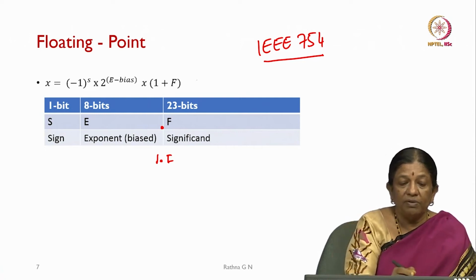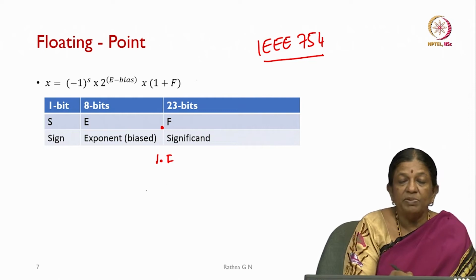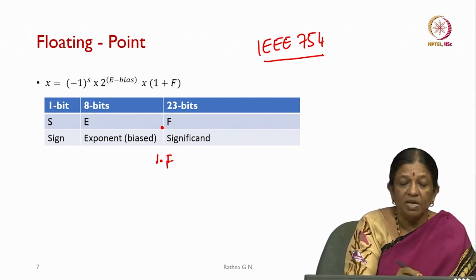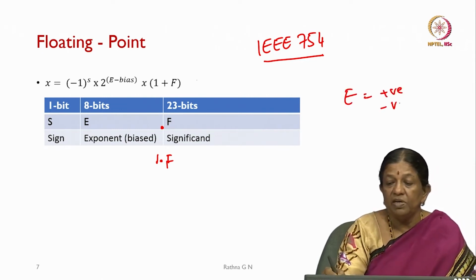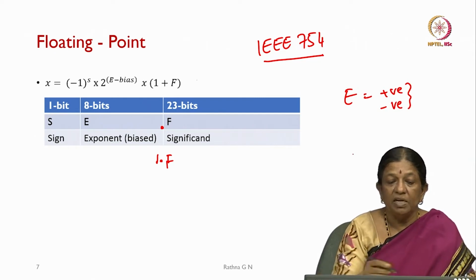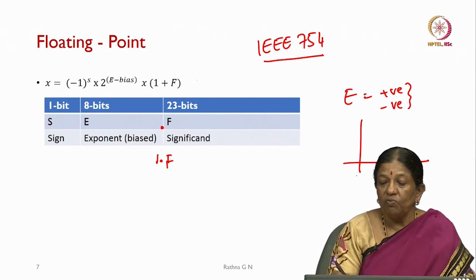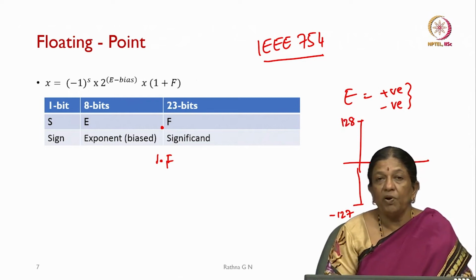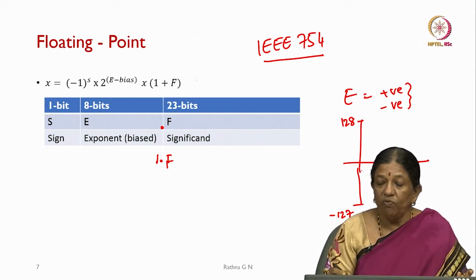So, we call this biased. That is what happens with negative numbers. I can have the exponent e be both positive and negative. So, how will I be representing it? That is why we have the bias that we have given. So, what we have is minus 127 to plus 128, the numbers I can represent with 8 bits in signed format.